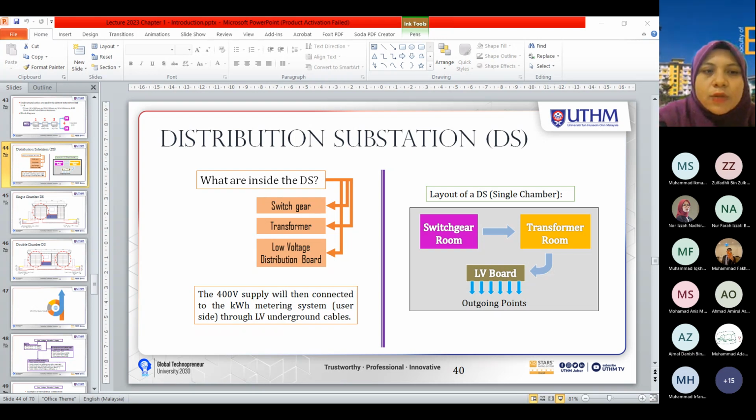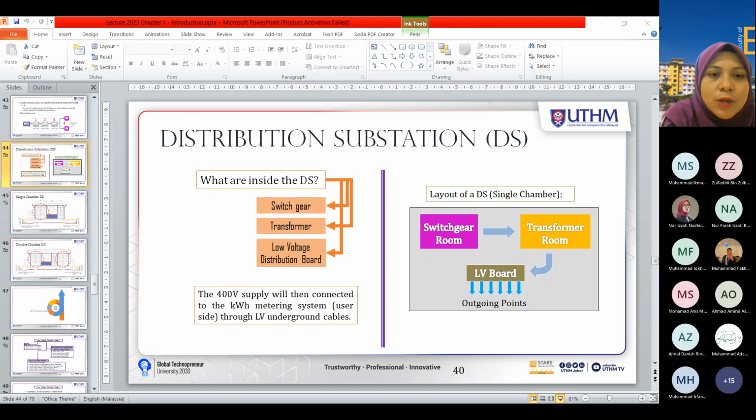Alright. So the 400 volt supply will then be connected to the kilowatt hour energy metering system at the user side through LV underground cable. Maksudnya dekat rumah you, ia akan masuk ke meter dahulu, baru dia masuk kepada DB.